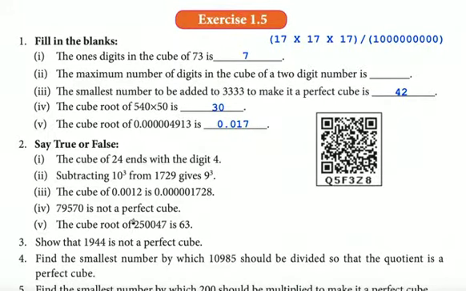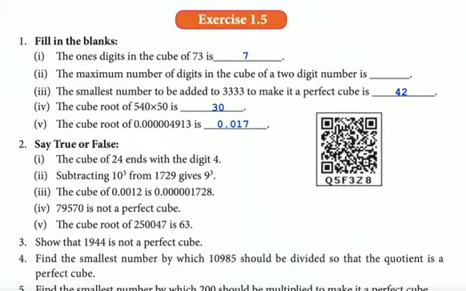79,570 is not a perfect cube. How to check? Again, go by the factorization method. Oh, this is not sufficient. So we will borrow another sheet from somewhere else.